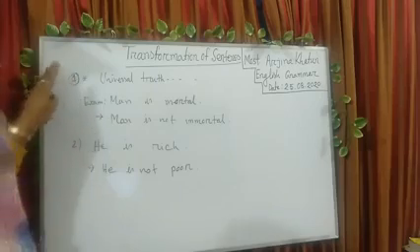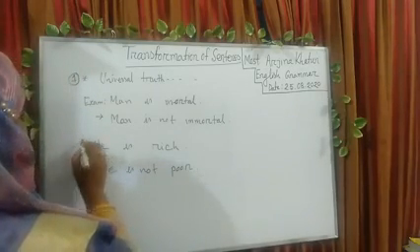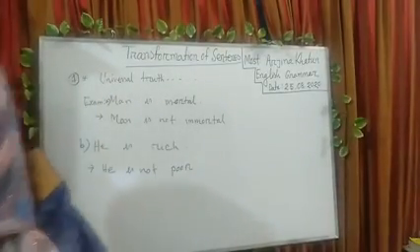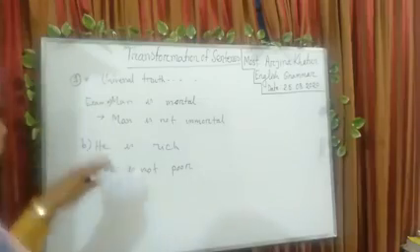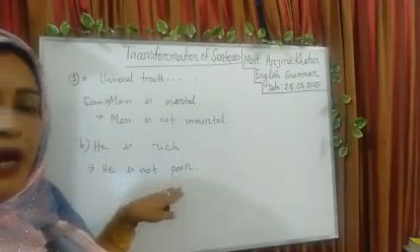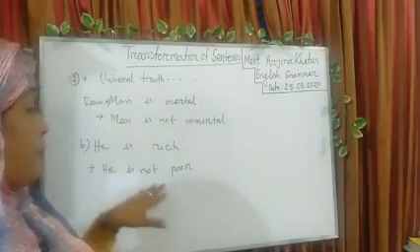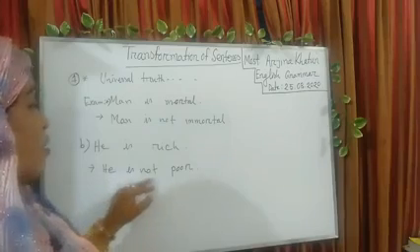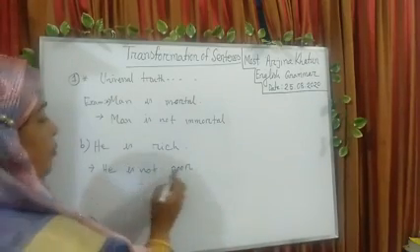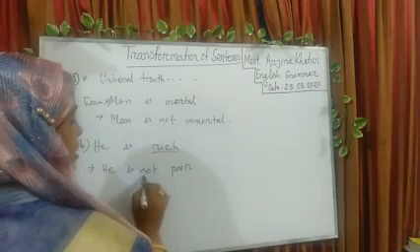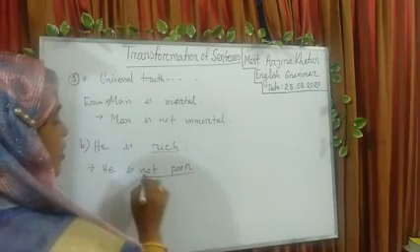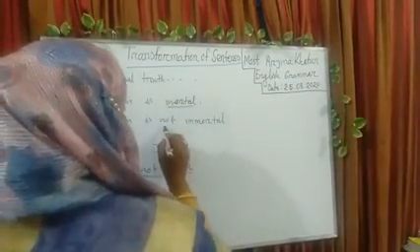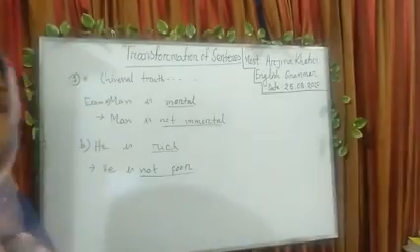Okay, dear learners, here we change the form of the sentence but not its meaning. He is rich. সে হয় ধনী. He is not poor. সে গরিব নয়. Rich uses not poor instead. Mortal uses not immortal.